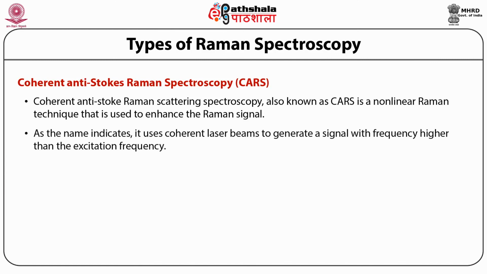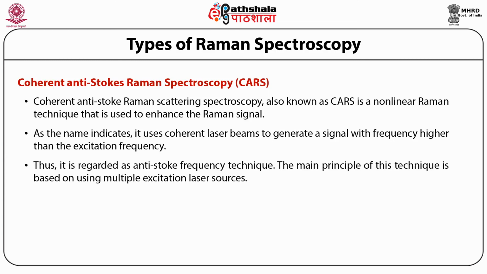As the name indicates, it uses coherent laser beams to generate a signal with frequency higher than the excitation frequency. Thus, it is regarded as an anti-Stokes frequency technique. The main principle of this technique is based on using multiple excitation laser sources.